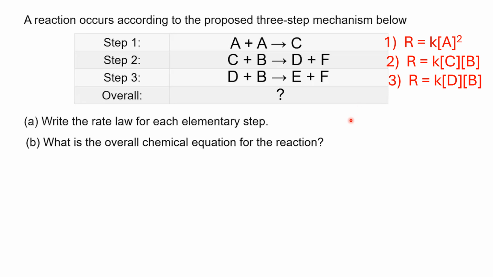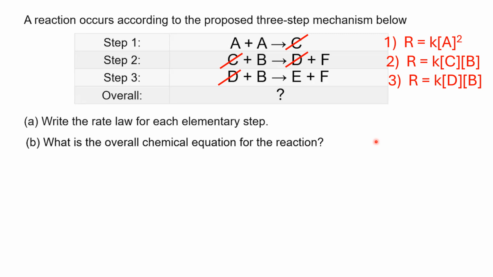Those will actually cancel. So for example, if we look at C up here, it is produced in the first step, but then consumed in the second step, which makes it an intermediate, and so I'm going to cancel it. The same thing is true of the D's. So there is a D produced in the second step and then consumed in the third step.